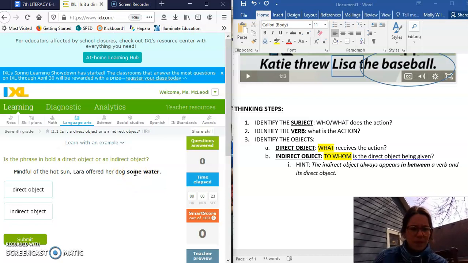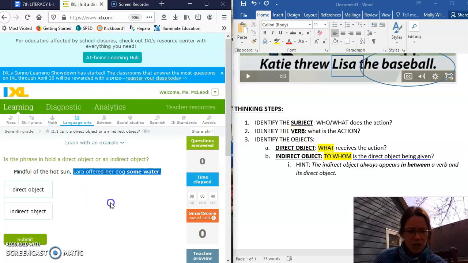Okay. So the main independent clause here is Laura offered her dog some water. So first I look for the subject. Who or what does the action? Laura. What's she doing? She's offering, or she offered. So now I look for the objects. What receives the action? Is it her dog or some water? She offered water.